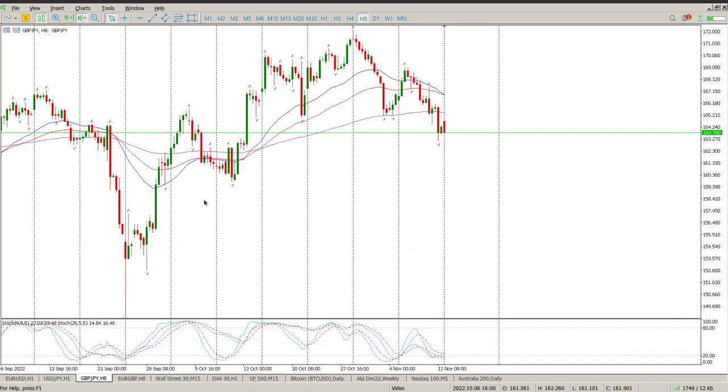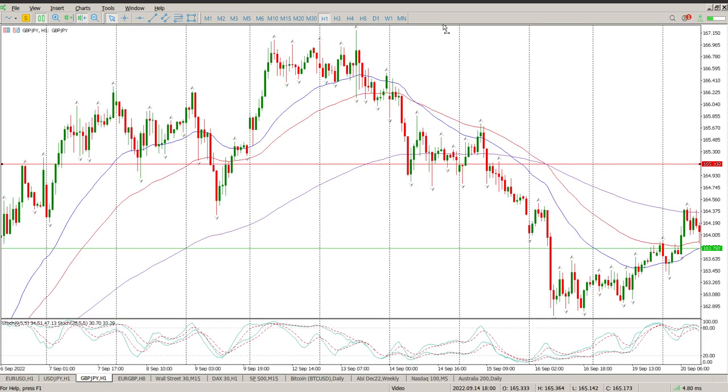Moving on to British pound, Japanese yen. Looking like we are breaking to the downside here. I would prefer, as usual, to find a rejection off at this level, and you can see how significant it is in the past. Bit of a head and shoulders as well. There's your shoulder, your head, and your right shoulder. So that is what I'm really looking for.